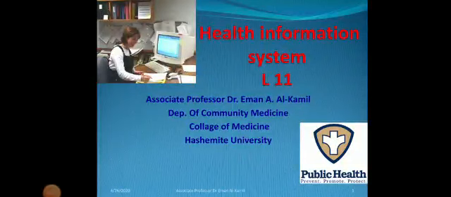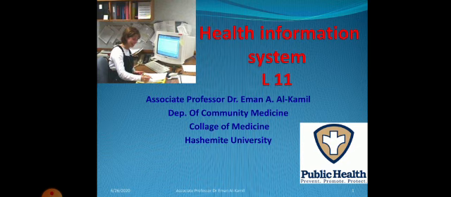In public health, we mention the main goal of public health is to improve the health status of the population by the promotion, protection, and prevention of diseases.